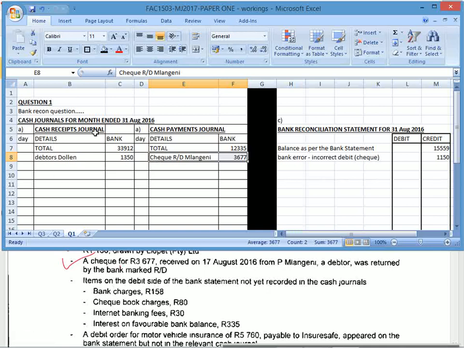Bank charges, receipts or payments? Payments. Checkbook charges? Payment again. You can group all of these as just one line item, bank charges, and add them all up. I prefer showing them separately just in case.